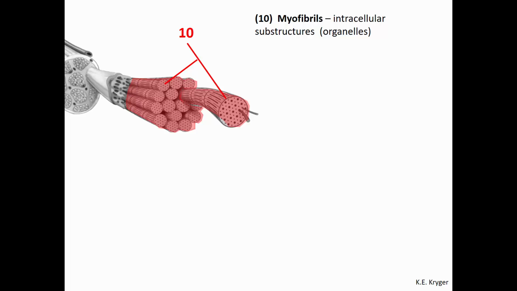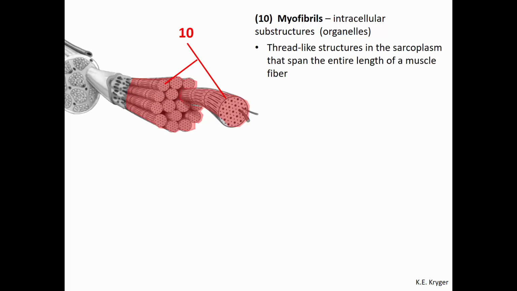I don't know if you guys can hear my dog drinking in the background, but sorry about that. Right, so these are intracellular substructures, or the organelles. So all these long bundles, they span the length of the muscle fiber, right? Myofibrils. So there's thread-like structures in the sarcoplasm that span the length of a muscle fiber.